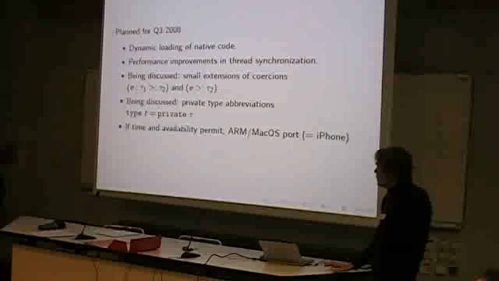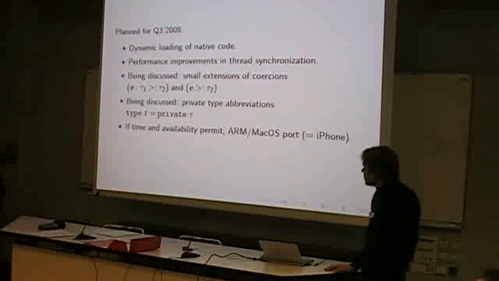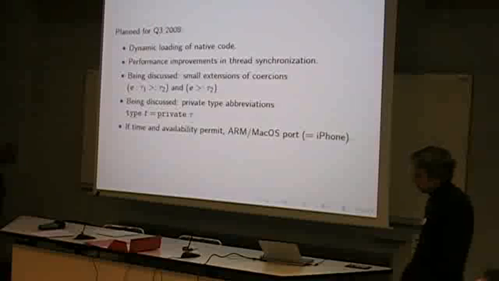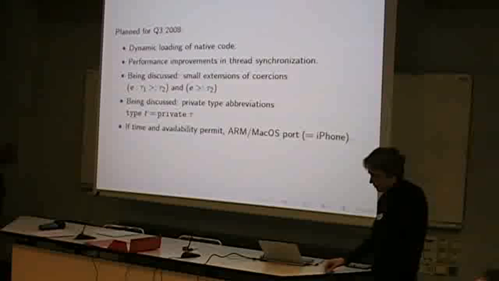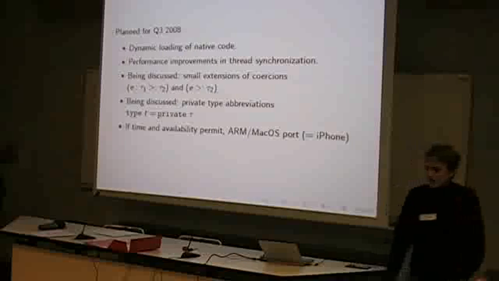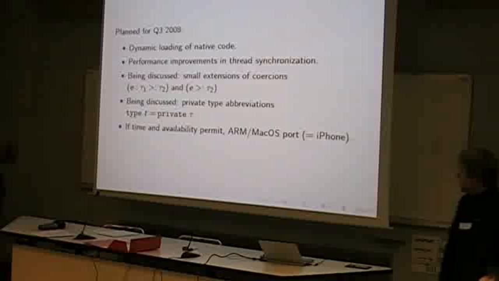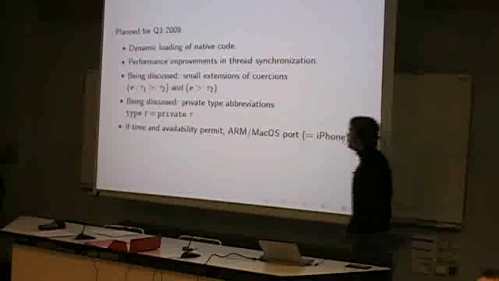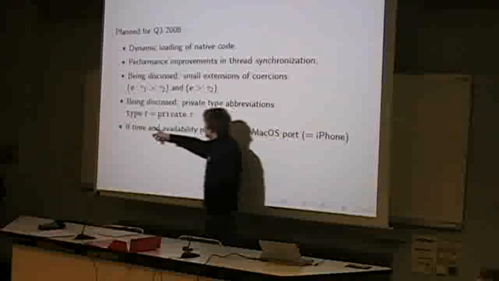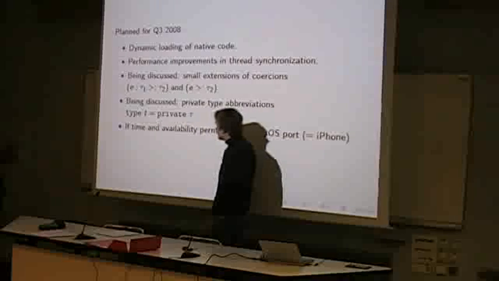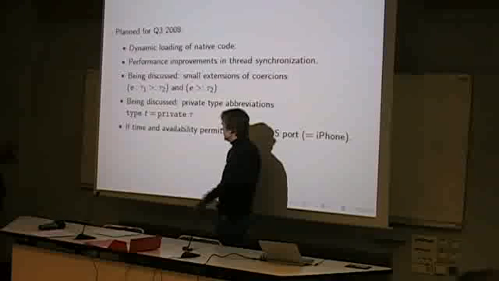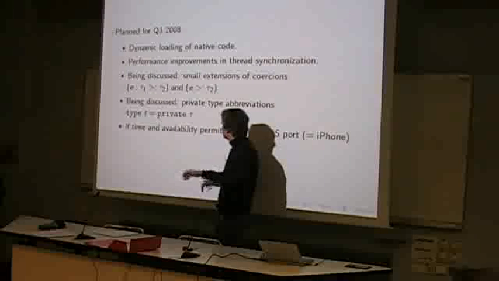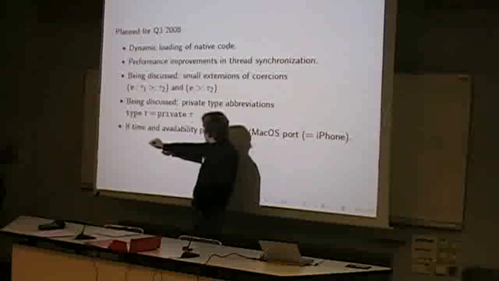Another feature that is being discussed is the so-called private type abbreviation mechanism, to extend the existing mechanism for private data types to type abbreviations. Basically what this would mean in an interface is that T is an abstract type, so clients cannot construct values of type T directly, as with private concrete types.